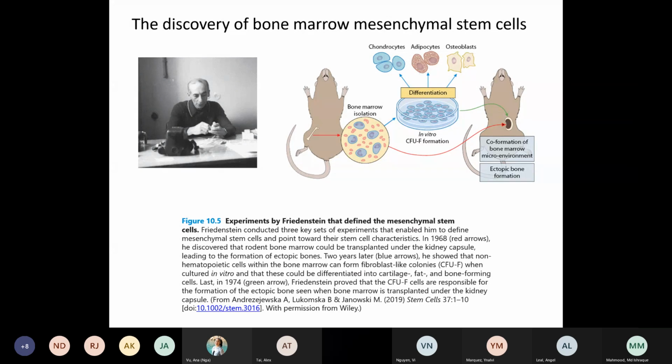That's after people started to describe hematopoietic stem cells in the bone marrow, and he, of course, raised this hypothesis or theory that in bone marrow you have additional stem cells that are not responsible for blood cell formation, but for other cell types, such as listed here, chondrocytes, adipocytes, and osteoblasts. So that's the origin of mesenchymal stem cells.